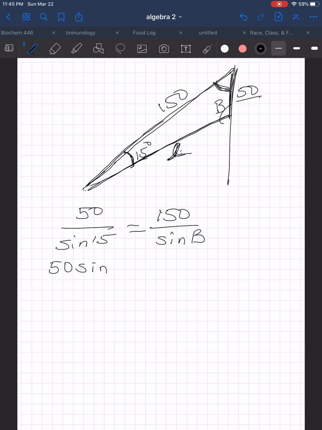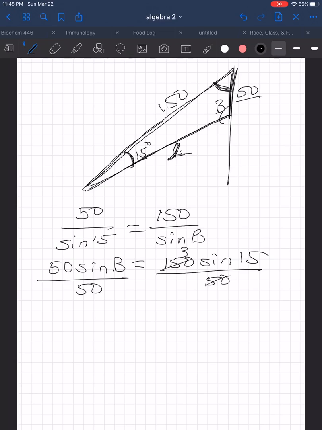So when we cross multiply, we get 50 sine of B is equal to 150 sine 15. We divide both sides by 50. 50 goes in here 3 times, so the sine of B is equal to 3 times the sine of 15.